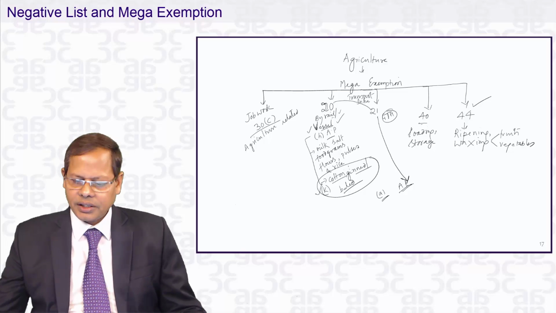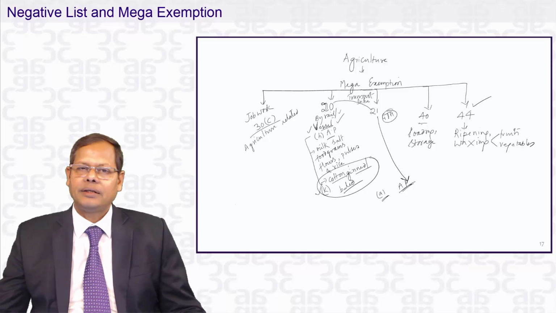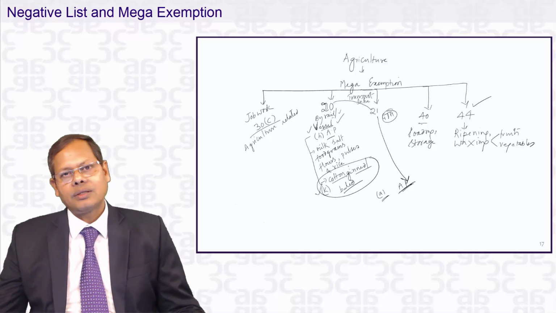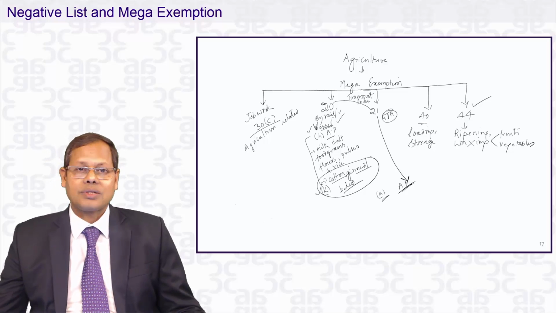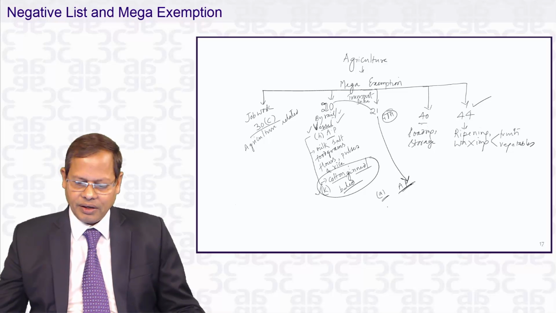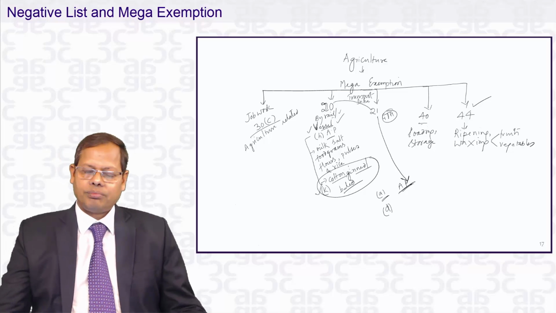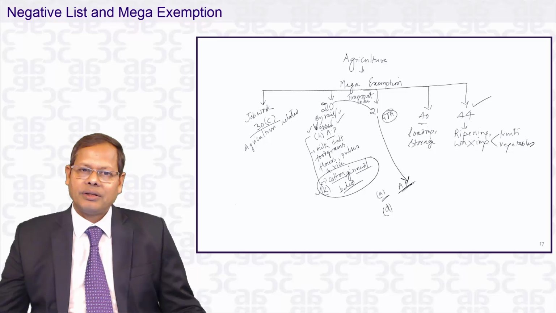If the goods are agricultural produce, paddy, wheat, etc., it should be agricultural produce. And what about produce goods meant for secondary market? They have given clause D, entry number 21, they have given a list.